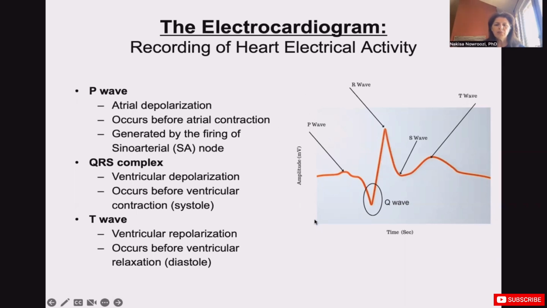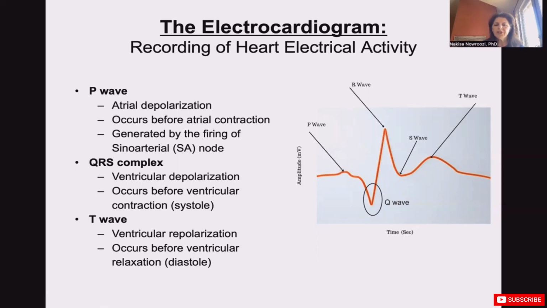On the y-axis, you have the amplitude of response in millivolts, and on the x-axis, you have time in seconds. The P wave corresponds to atrial depolarization. This occurs before the atrium contracts. And this is generated by the sinoatrial node, or SA node.